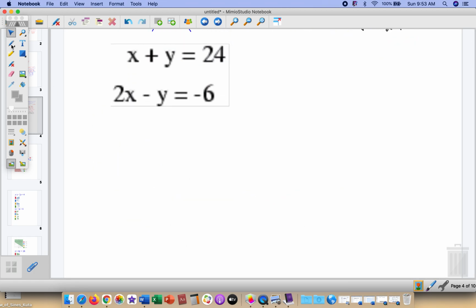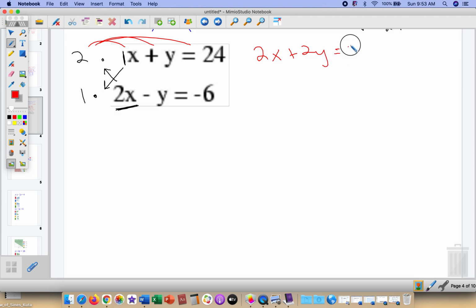And let's look at this last elimination problem. So if the bottom has a coefficient of 2 and the top has a coefficient of 1, I could say, okay, multiply bottom by 1, multiply the top by 2, right? So if we go across the top and multiply everything by 2, we would get 2x plus 2y equals 24.